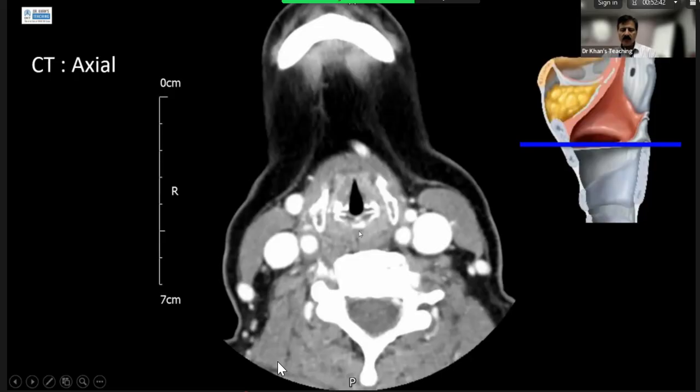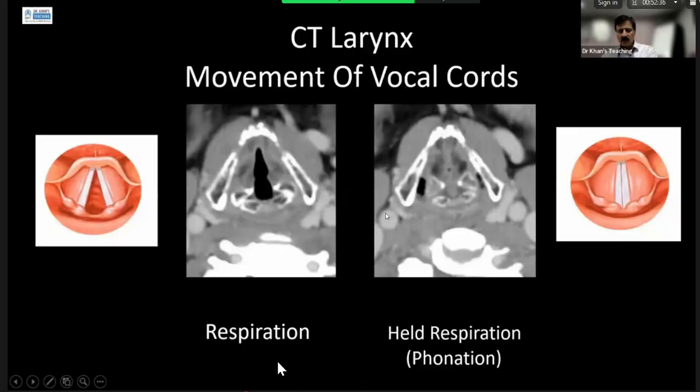This is the hypopharynx, which is collapsed. This is the thyroid cartilage. Now, this is the concept of motion. True chord, when patient is respiring, we see it like this.